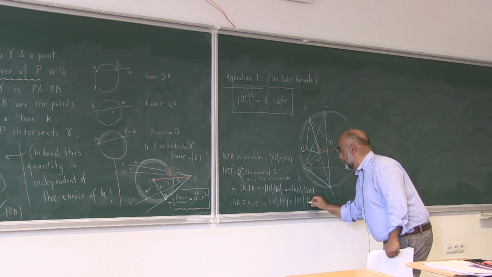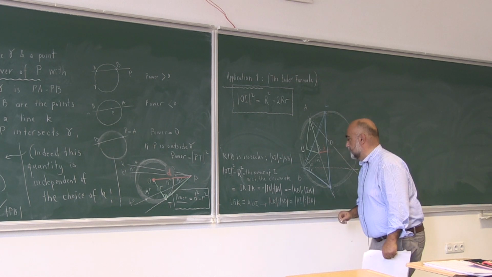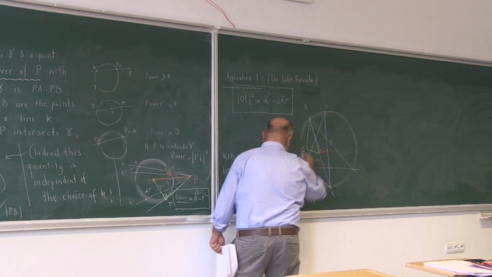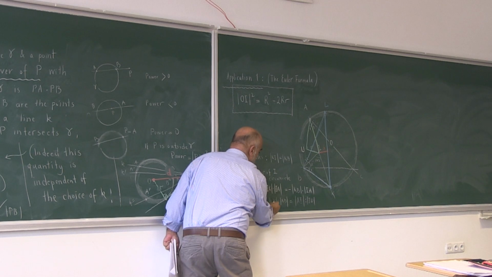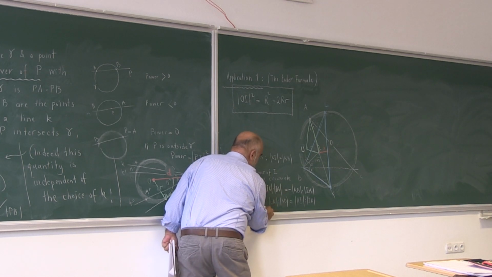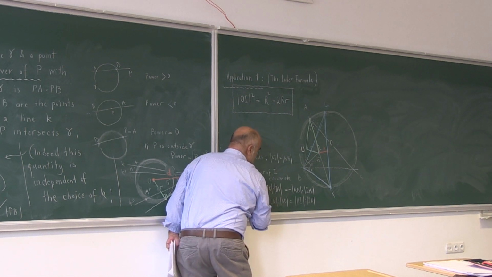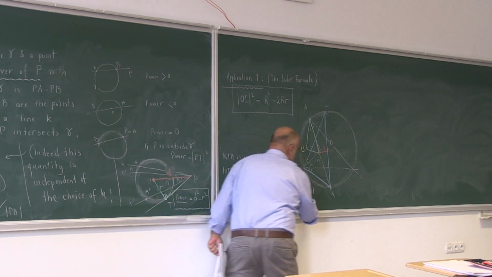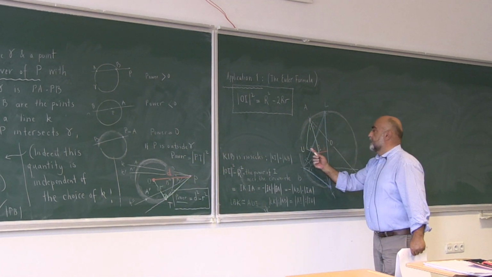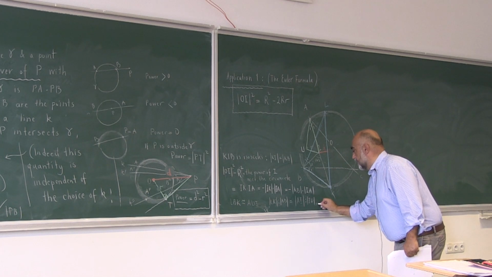But notice, check that LK is of course twice the circumradius. That's great. IU, on the other hand, is exactly R.